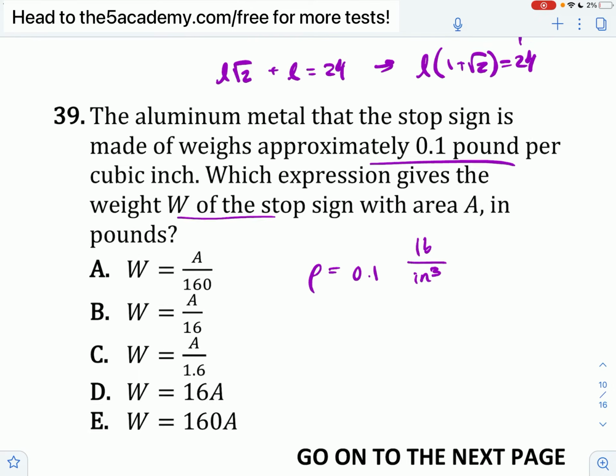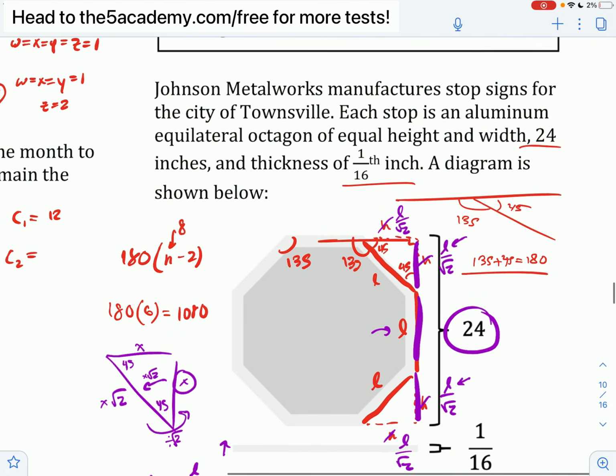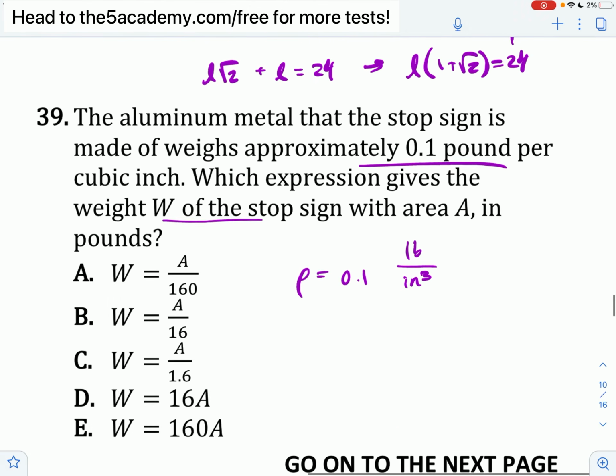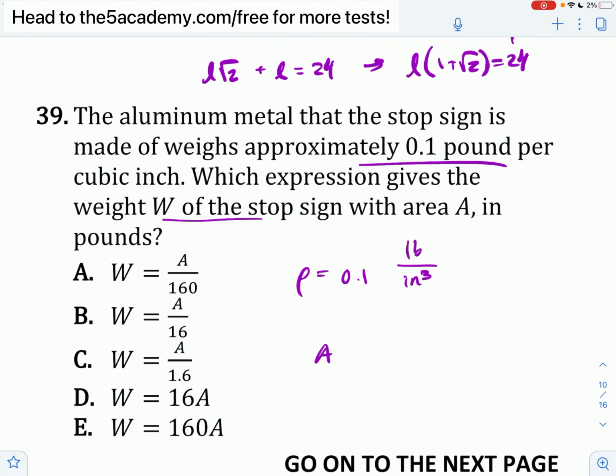So the way you can calculate that is you can take your area and you can get volume. So if area equals some value that we don't know, the volume is just going to be area times 1/16, okay?